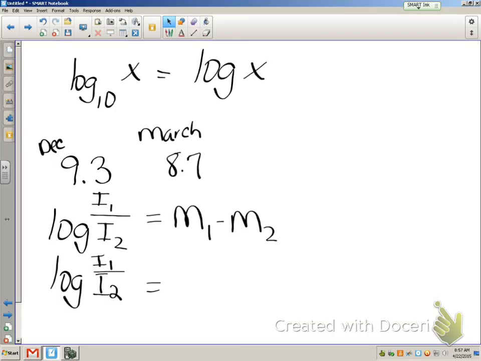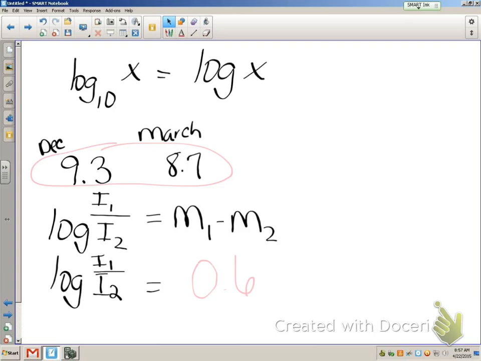So I know that the intensity level of the December earthquake was about 4 times as strong as the one in March. Looking at these right here, 9.3, these scores, the magnitude of the earthquake, you wouldn't think that one is 4 times the other.